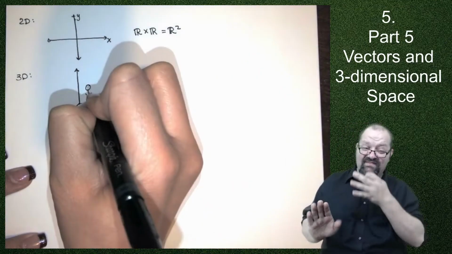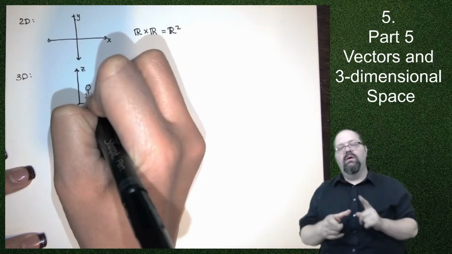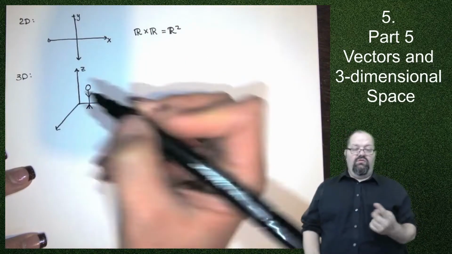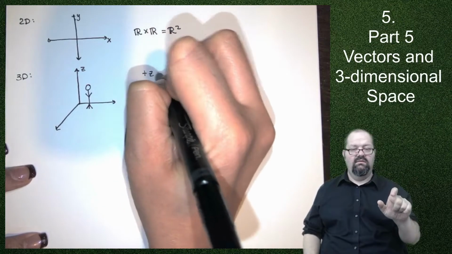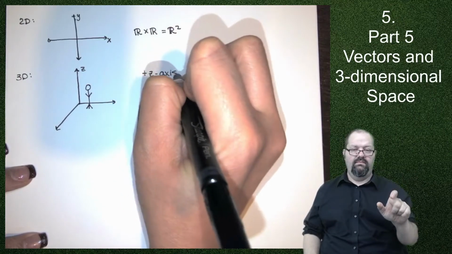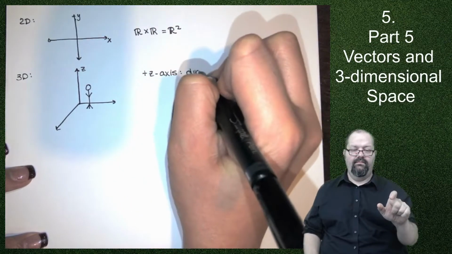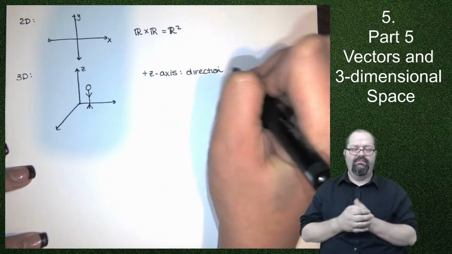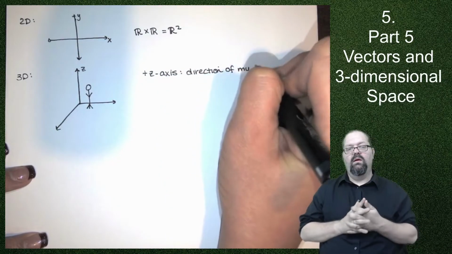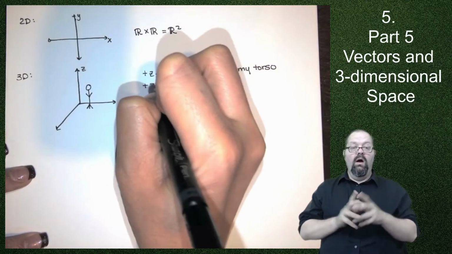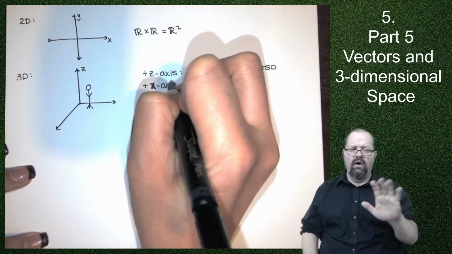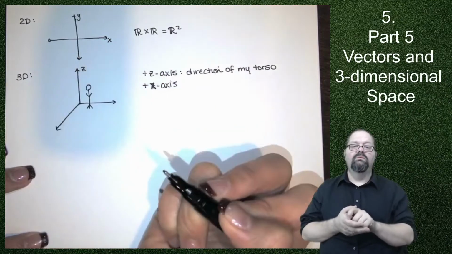Okay. And the z-axis is going in the direction of my torso. And the positive x-axis goes out directly in front of me.